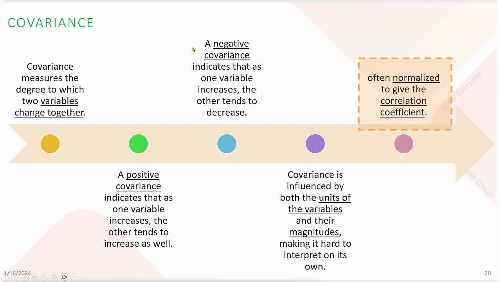Typically, we use the covariance in a normalized manner, because a number, let's say a covariance of 850, really doesn't tell much except the fact that it's positive. So we normalize it, and when we normalize the covariance, it gives you a correlation. When you normalize, it reduces the value of covariance to the range of +1 to -1.